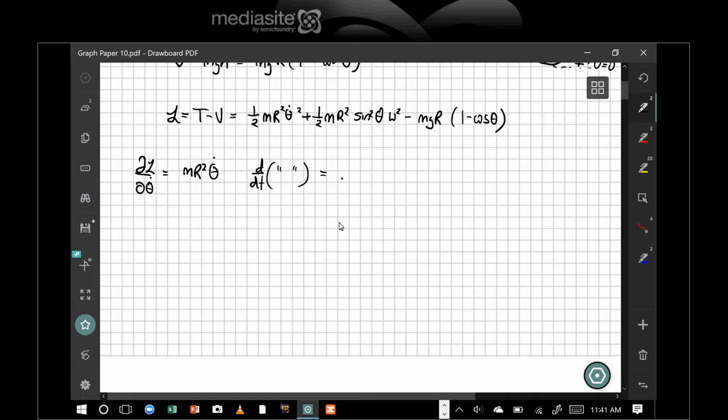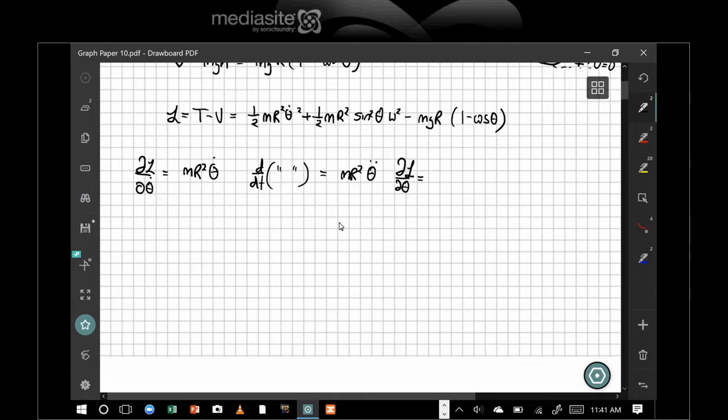The 2's cancel out, and I'm just going to get theta dot there. Then I'm going to take d/dt of that term. Mass is constant, r is constant, so I'm going to get m r squared theta double dot. So that gives me the angular acceleration.